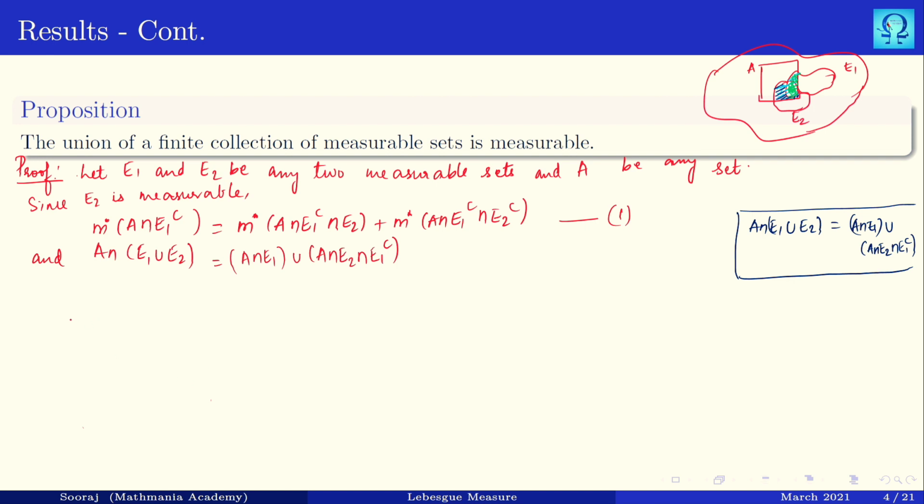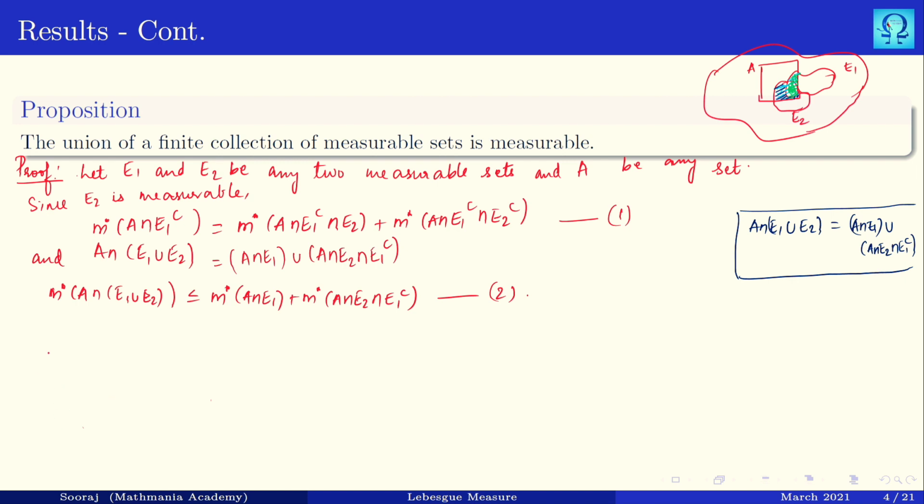Now what is the outer measure of A intersection E1 union E2? By the subadditivity, this is smaller than or equal to m star of A intersection E1 plus m star of A intersection E2 intersection E1 complement. I mark this as equation 2.